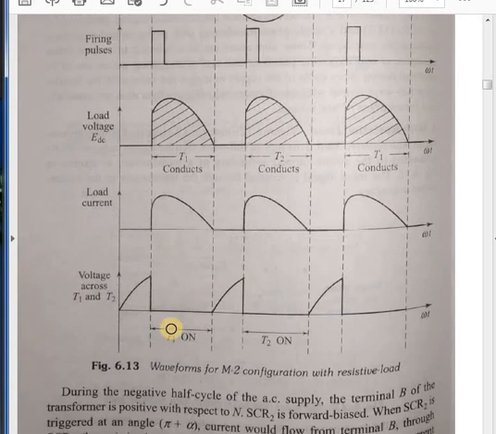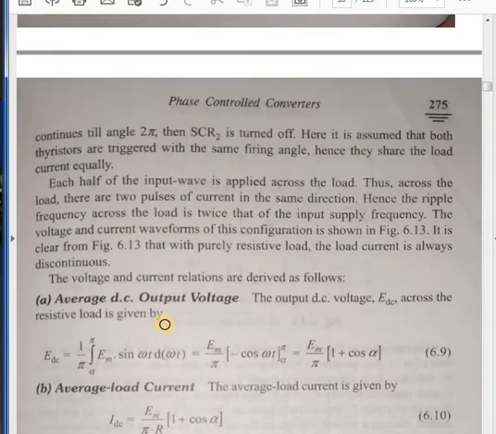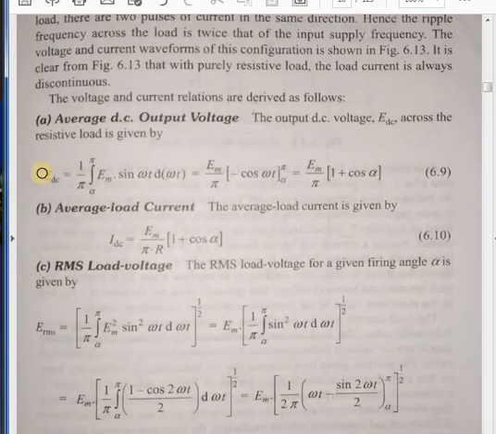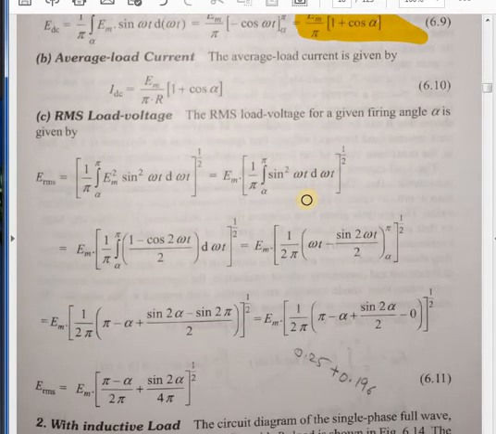The firing angle will be given after some angle alpha. So here EDC is equal to EM by pi into 1 plus cos alpha. There it was given as EM by 2 pi; now here it is EM by pi. You consider 1 by pi because every half cycle the waveform repeats itself.